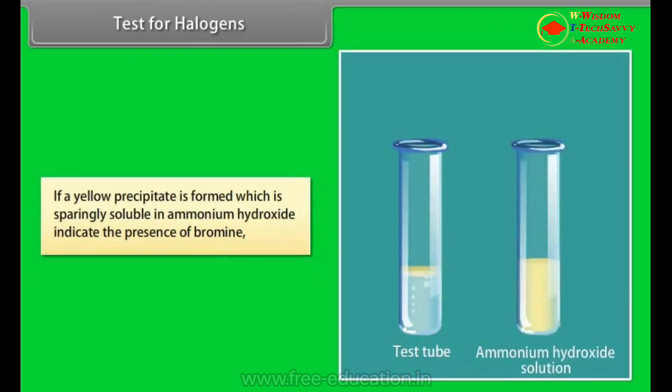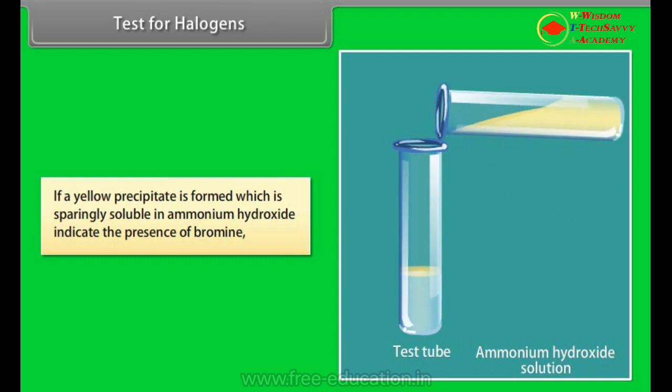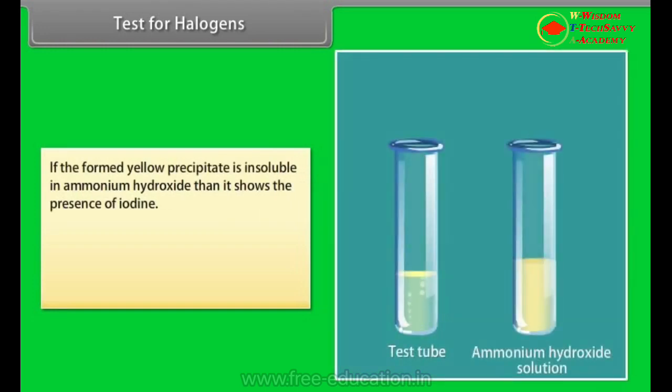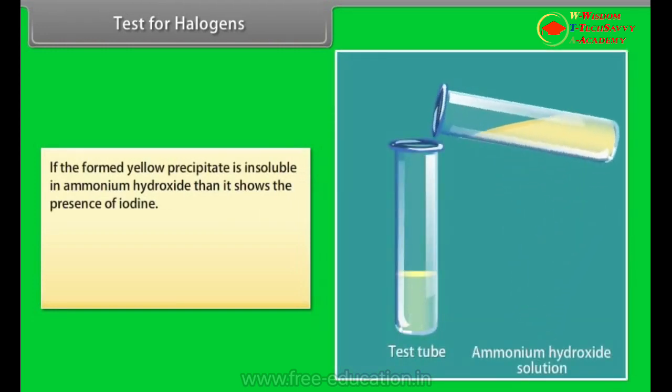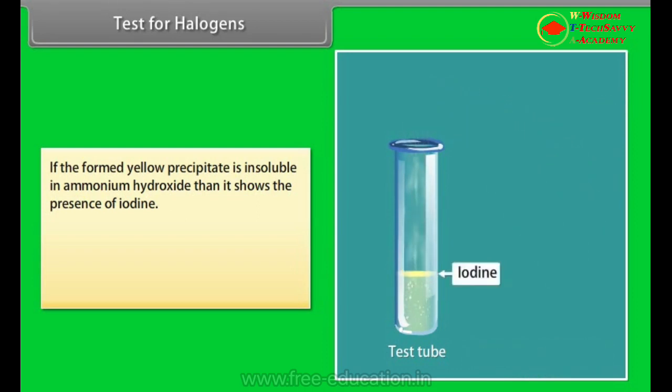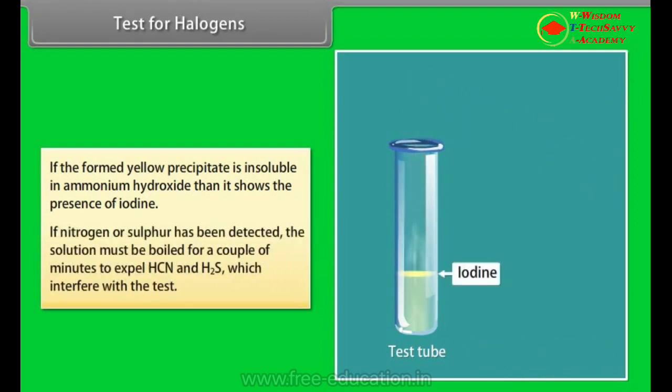If a yellow precipitate is formed which is sparingly soluble in ammonium hydroxide, it indicates the presence of bromine. If the formed yellow precipitate is insoluble in ammonium hydroxide, then it shows the presence of iodine. If nitrogen or sulfur has been detected, the solution must be boiled for a couple of minutes to expel HCN and H2S which interfere with the test.